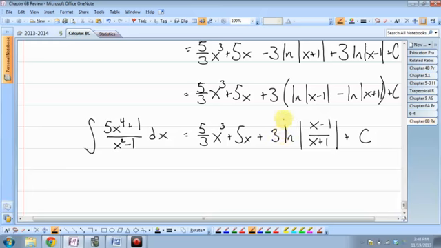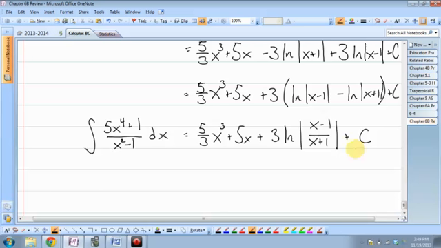Now, it's possible to take that 3 and raise it as a power here, but I think that since that won't help us with the absolute values, it's not really necessary. But you should be able to recognize it if it is raised as a power.